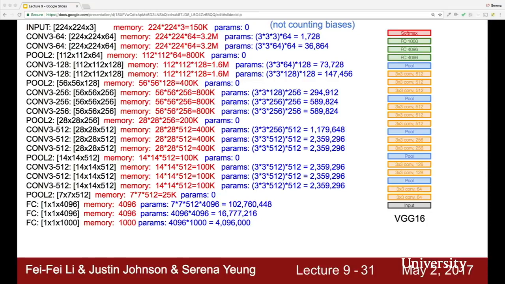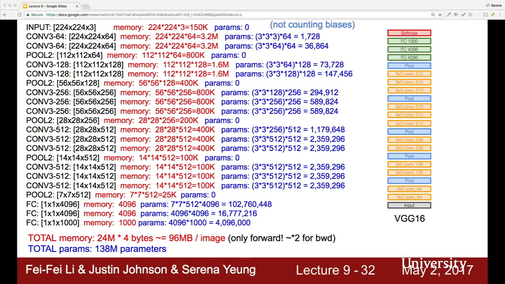We can see that we have a couple of conv layers and a pooling layer, a couple more conv layers, a pooling layer, several more conv layers, and so on. And this just keeps going up. If you count up the total number of convolutional and then fully connected layers, we're going to have 16 in this case for VGG 16. And then VGG 19 is a very similar architecture, but with a few more conv layers in there.